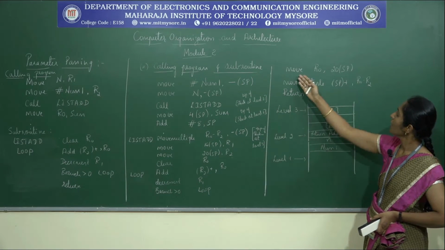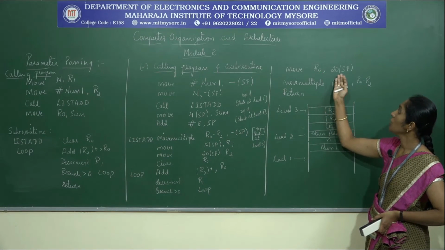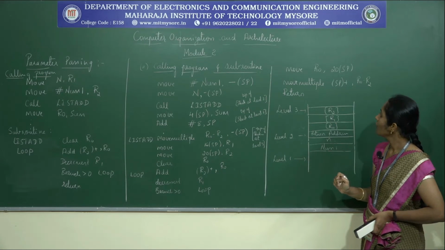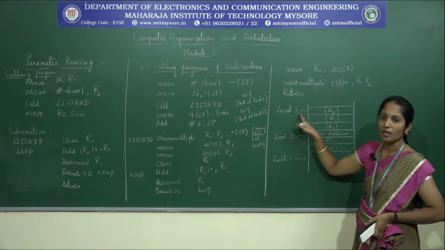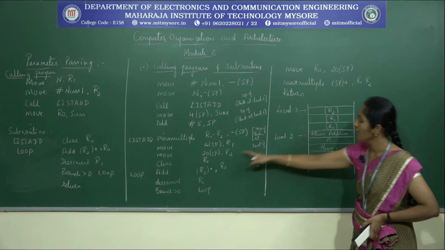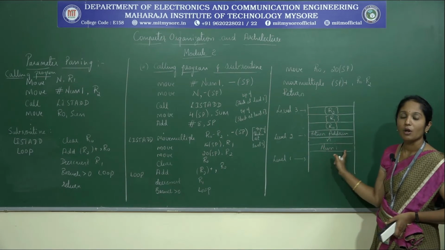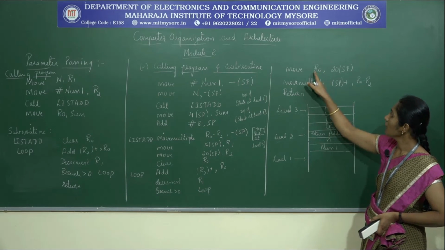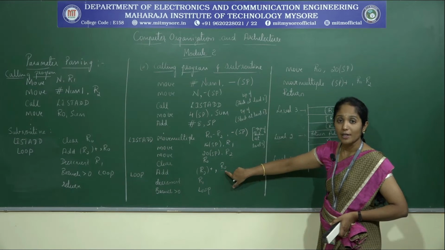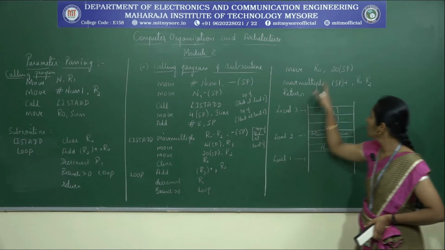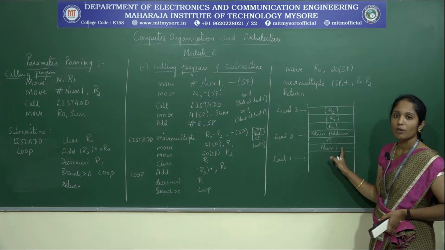And after this we have move R0 comma 20 of SP. If you observe, the stack pointer is at this point. 20 of SP we have already seen; this is nothing but num1. What we are doing now is moving the sum. R0 contains the sum of all the n elements, and that is being moved into the num1 location.